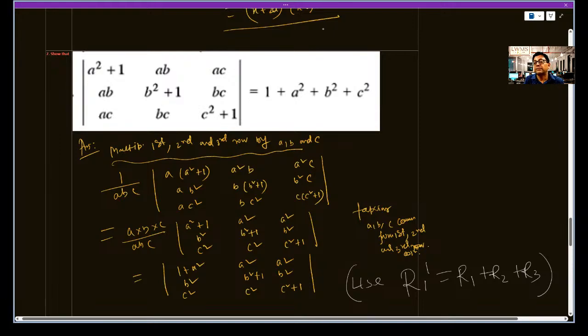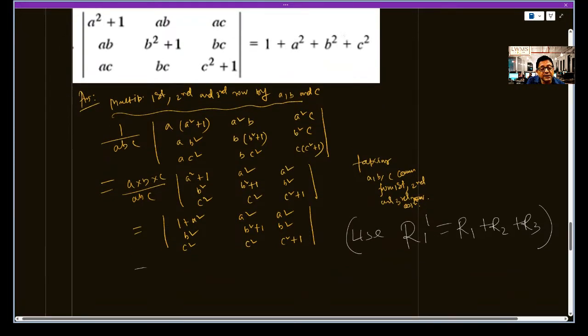Check. Just do this operation. Done. Just use this property, R1 dash is R1 plus R2 plus R3.